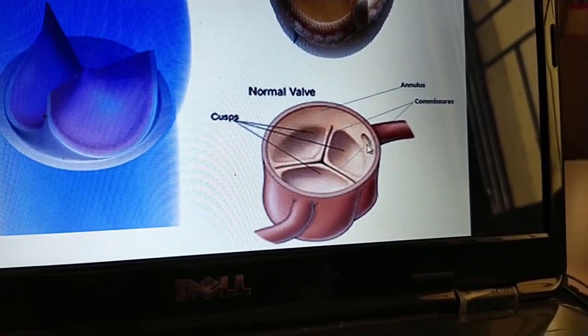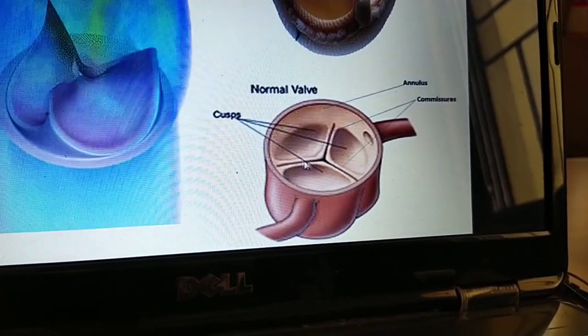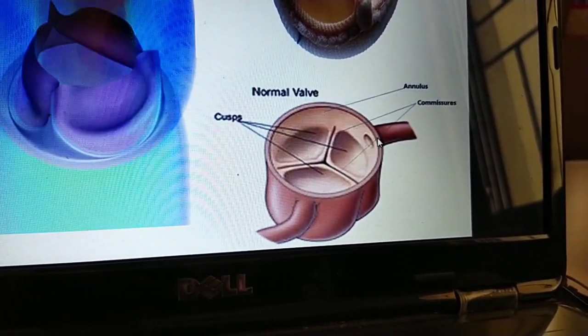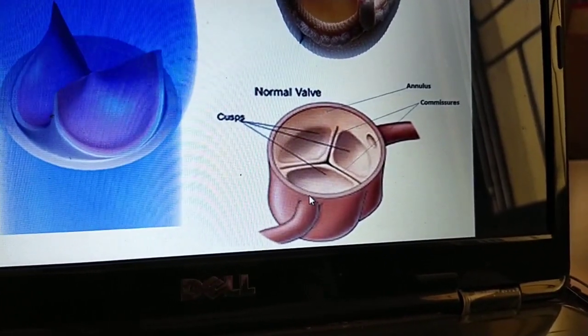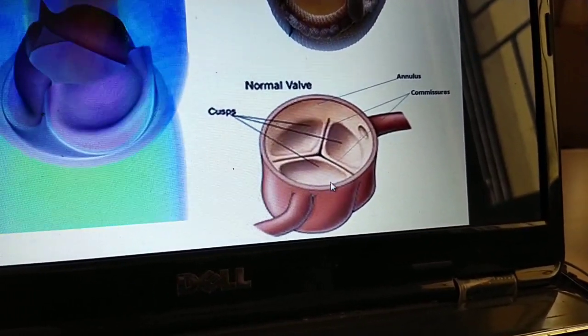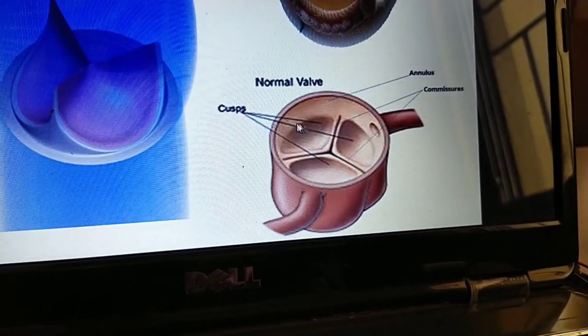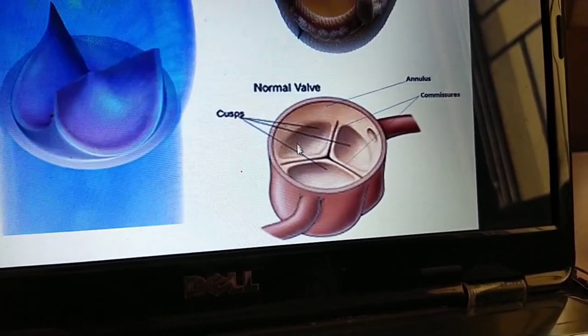These coronary arteries are arranged corresponding to the cusps. The left coronary artery arises from the left coronary sinus, or left coronary cusp. The right coronary artery arises from the right coronary sinus, or right coronary cusp. In the non-coronary sinus, no coronary artery arises, so it is called non-coronary.